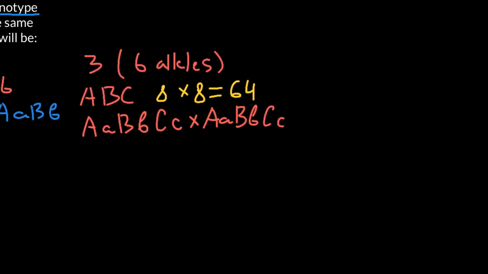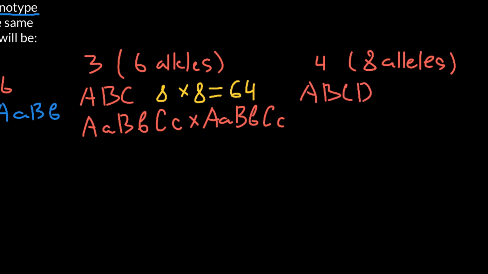If we would have 4 genes, 4 genes would give us 8 alleles, and the genes can be A, B, C, and D. I'm not going to write a possible cross, because what we should do is obvious from my previous 3 examples.